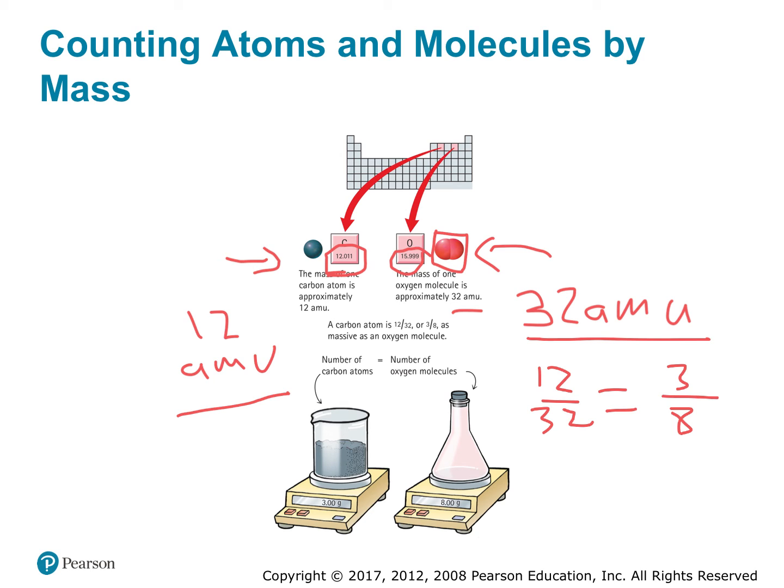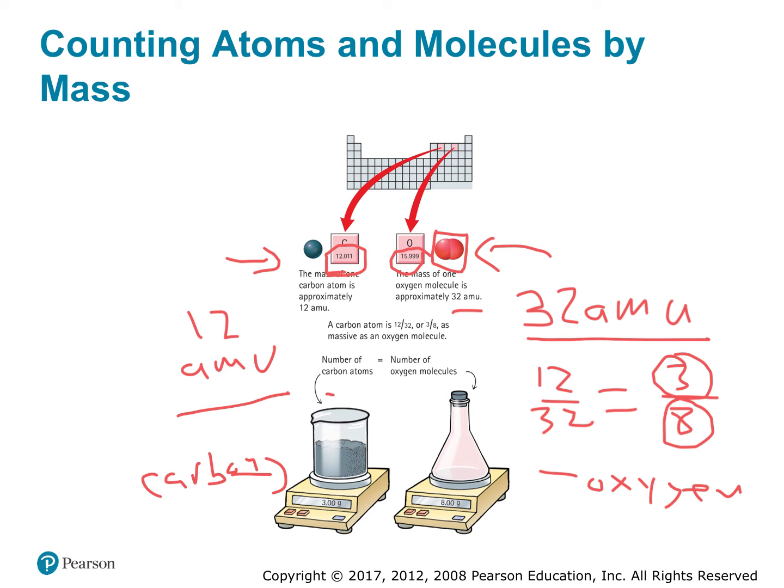And so you can see on the scale here, here's obviously the carbon. And over here we have the oxygen in the beaker. And we can see the reading on the scale, that for every 3 grams of carbon, there will be 8 grams of oxygen, and that means that they have the same number of molecules.